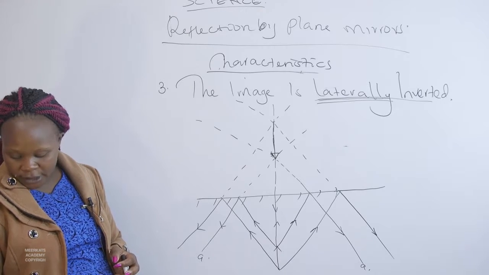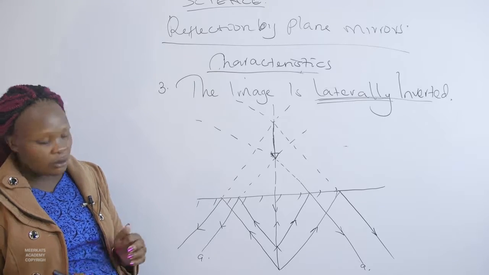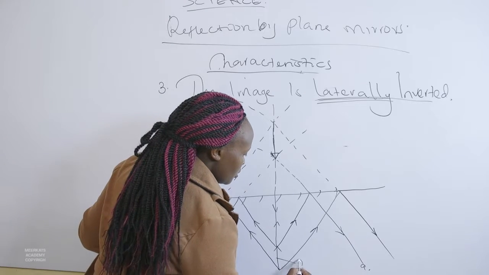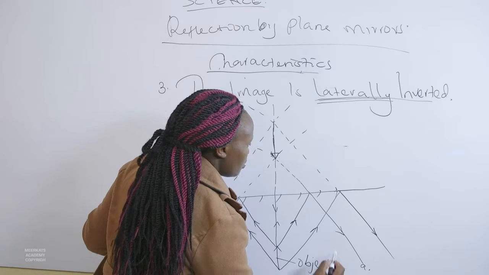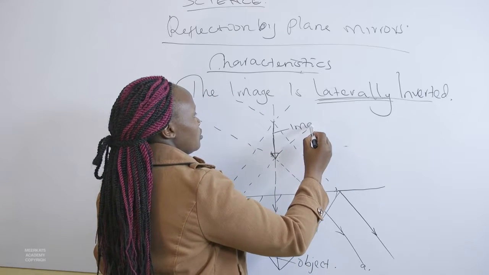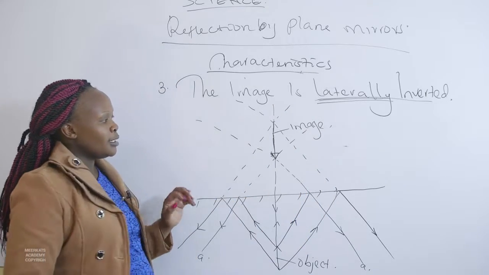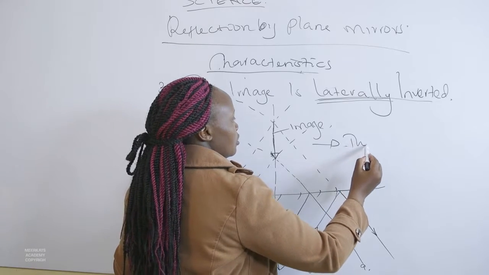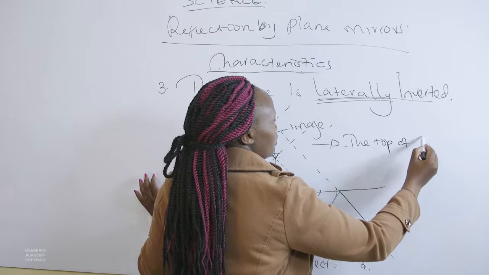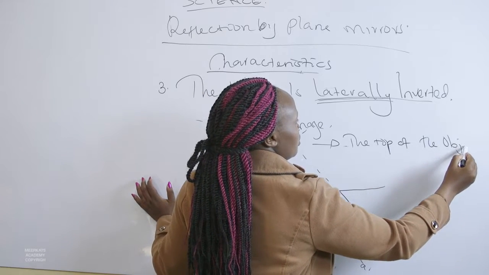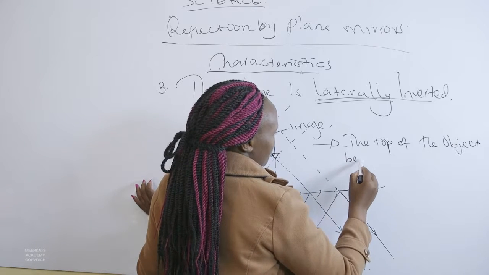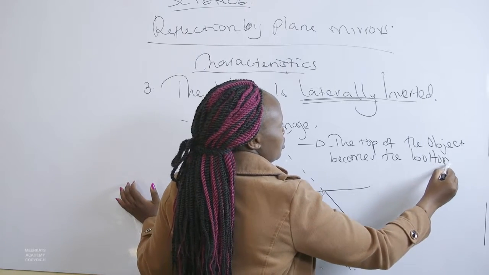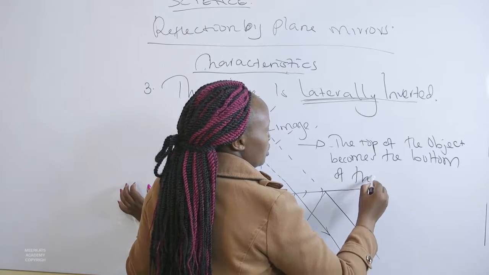Now, in terms of letters, this is the object, this is the image. Here, let us conclude that the top of the object becomes the bottom of the image.